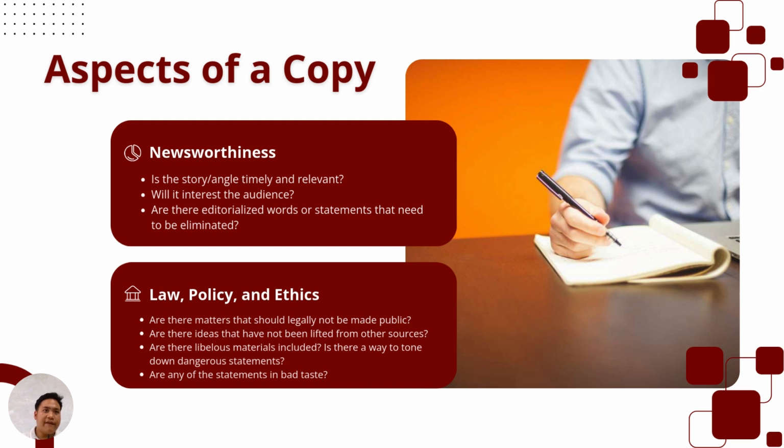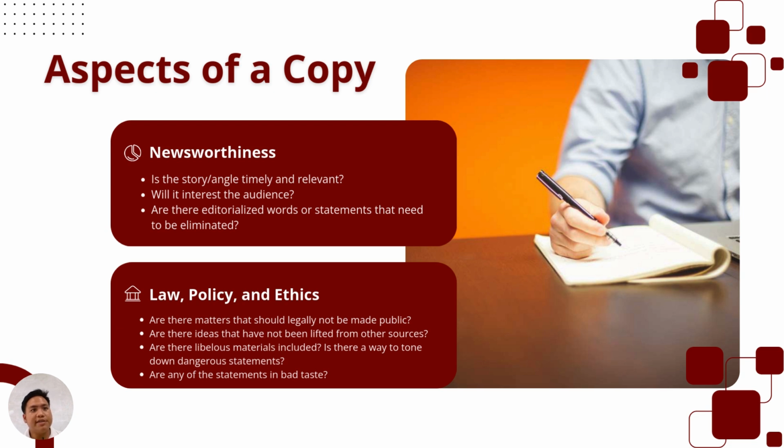The next thing that we have to consider is law, policy, and ethics. So we have four questions that we need to consider when checking law, policy, and ethics in our copy. Number one, are there matters that should legally not be made public? Are there ideas that have not been lifted from other sources?